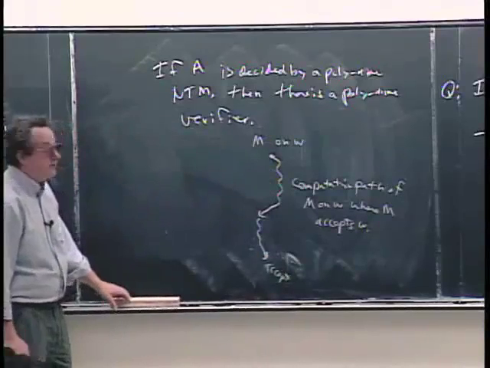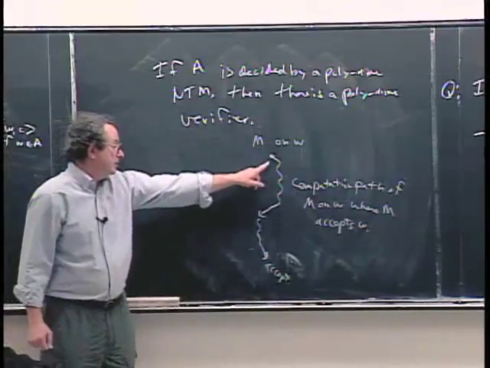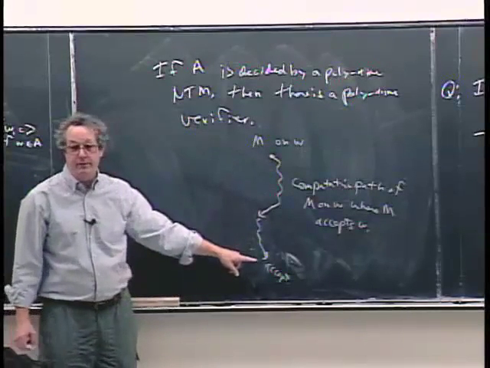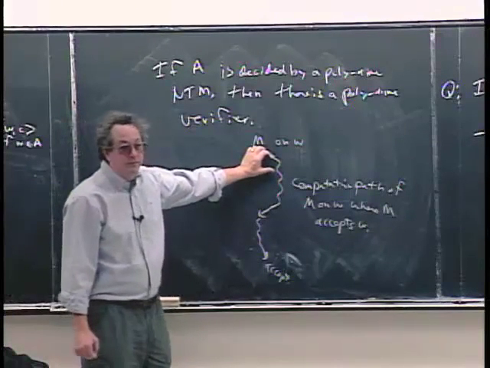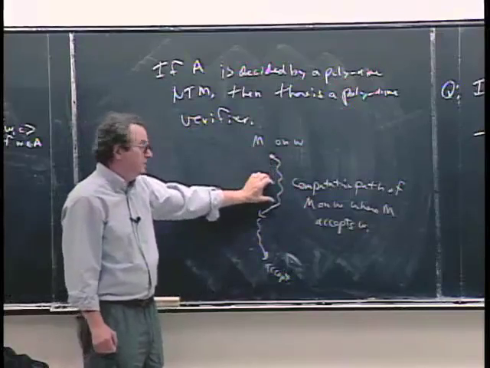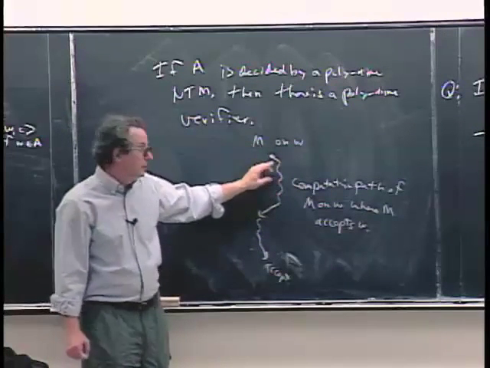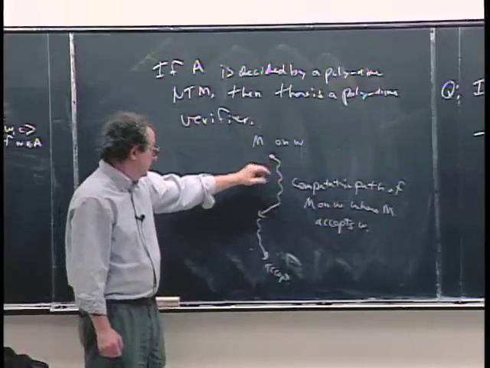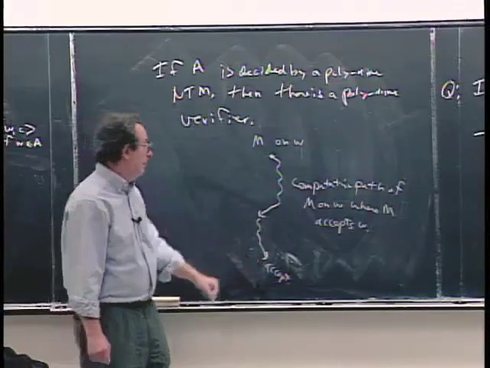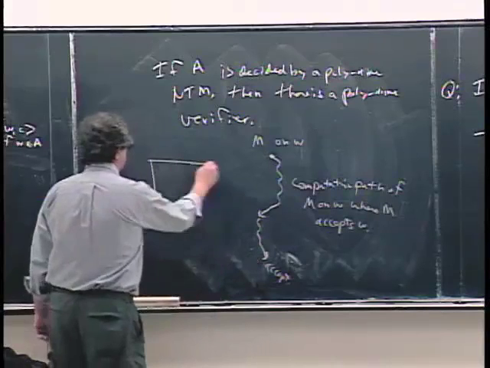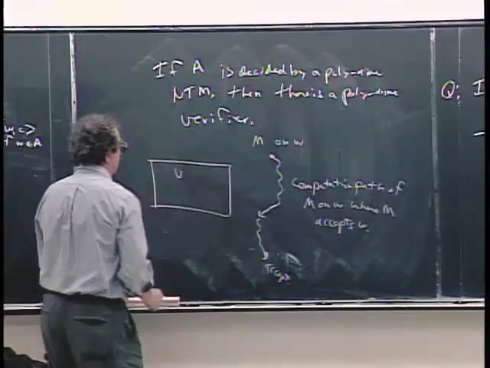And so the hint is just going to be a description of this path. It says what transition do you do first, what transition do you do second, what transition do you do third, and so on, that leads you from the start state to the accept state in this non-deterministic Turing machine. And then what does the verifier look like?